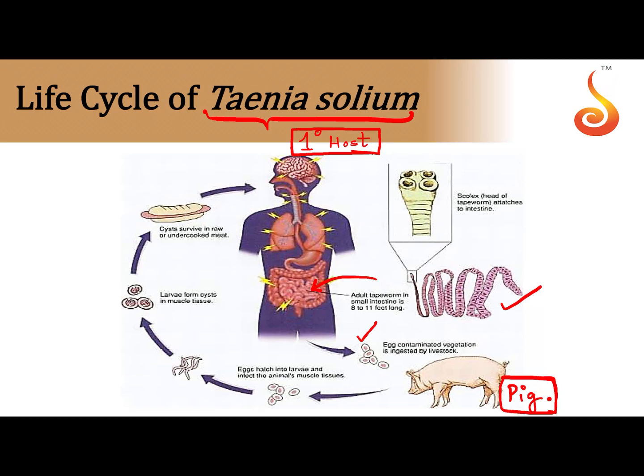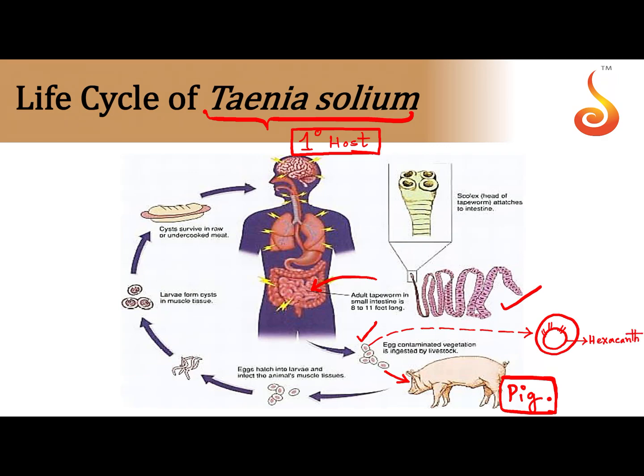And you know that pigs survive in highly unsanitary conditions, so these embryonated eggs make their way into the body of the pig. Actually, if you magnify these eggs, which are present in the feces or in the soil, they are not really eggs because they have a protective covering on the outside, and they already have a larva developed inside. The larva has 6 hook-like structures on its surface, and we call this infective larva the hexacanth larva.